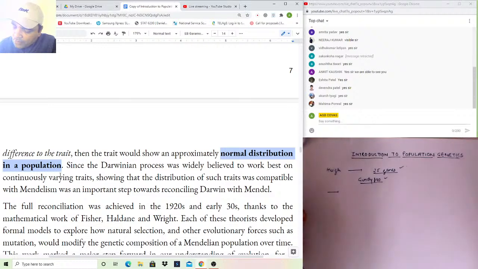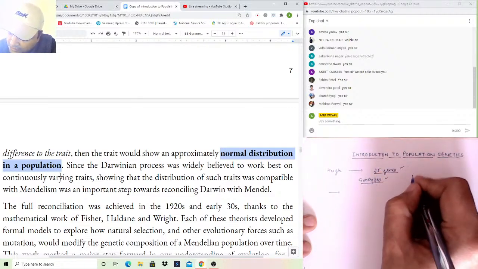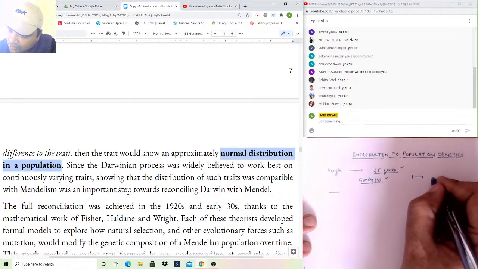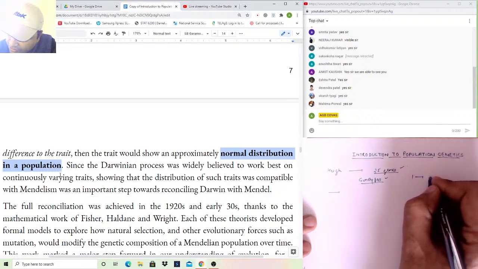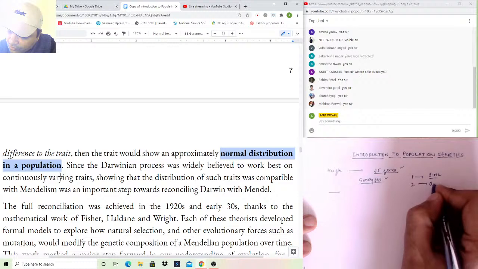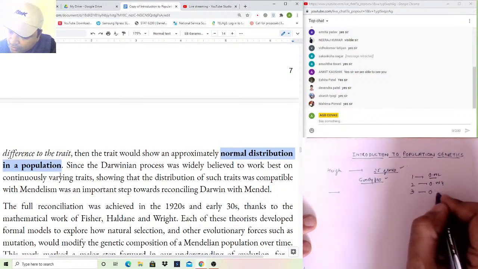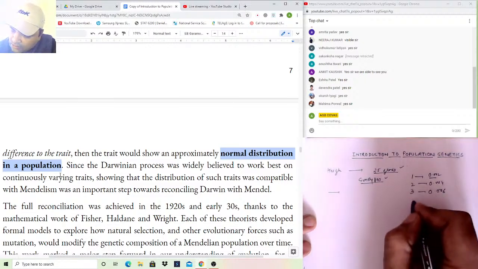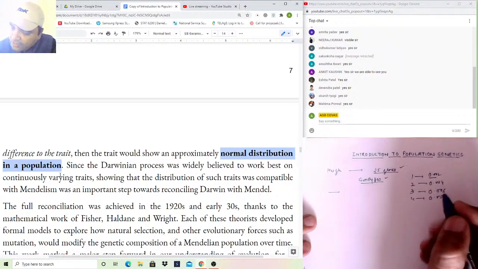When you combine them, suppose gene number one contributes a small fraction, 0.002 of height, the second gene contributes 0.004, the third contributes 0.006, and the fourth contributes 0.001.